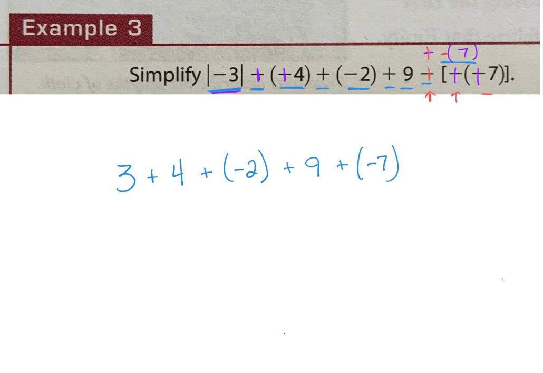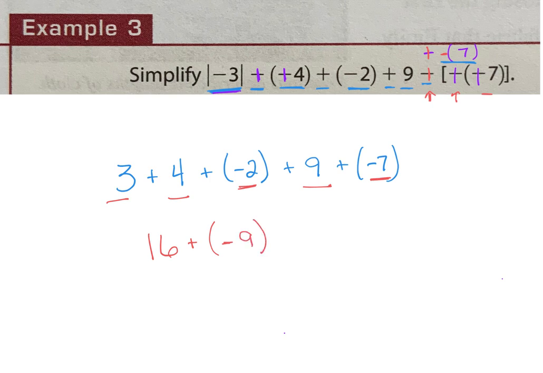All right? Now it's all addition, right? At this point, I have all addition. So if I want to group them, I can. Remember how we grouped them from the first example with multiple numbers. All right, I can take my 3 plus my 4 plus my 9, right? 3 plus 4 is 7. 7 plus 9 is what? 16. And then I can group my negatives. -2 plus -7 gives me what? -9.